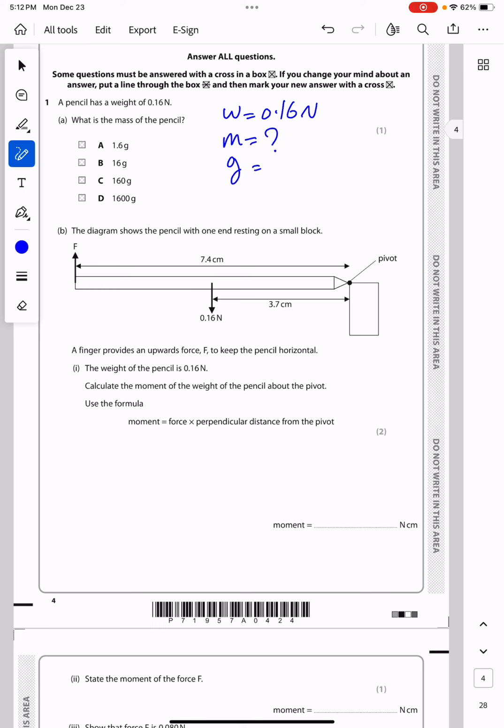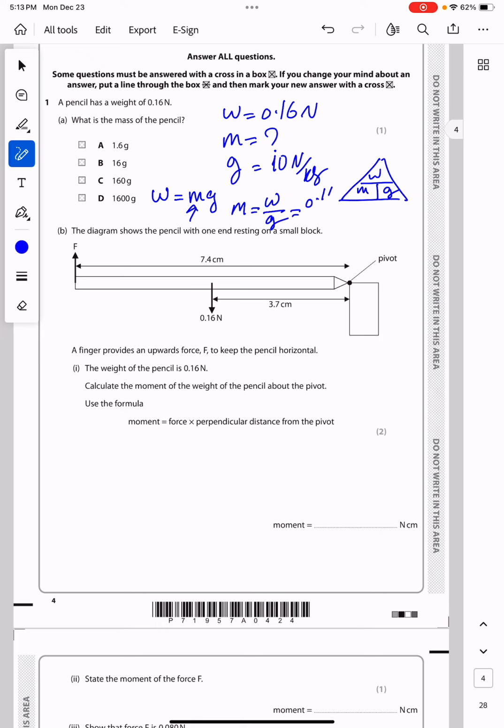And g is always known as 10 Newton per kilogram. So we know that W is always mg. So you can do the triangle trick, just to know how to make the mass the subject, and it's going to be W over g, right?